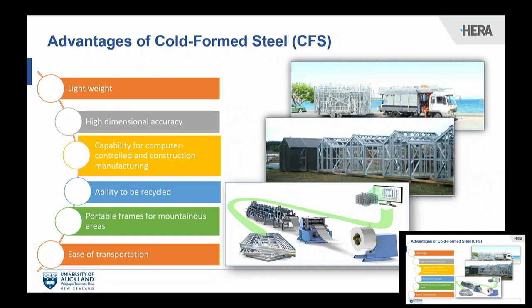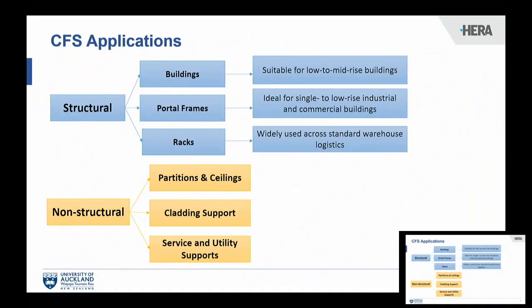The ability to recycle can support their sustainability, and because they are portable, they are a suitable option for remote and mountainous areas, and the ease of transportation makes them quite suitable for high-speed construction.